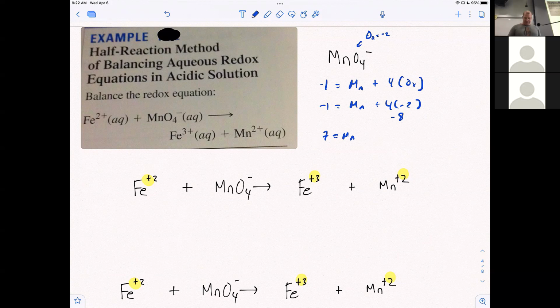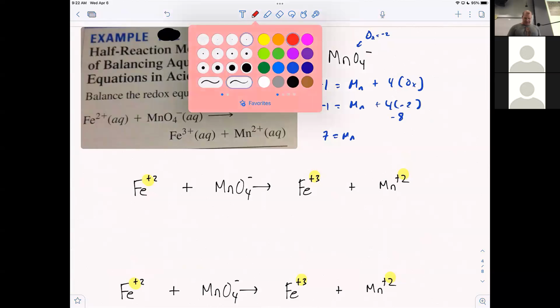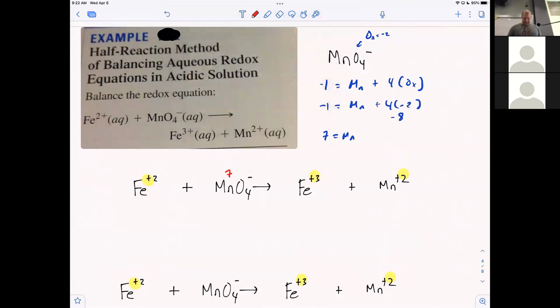So let me write the oxidation state. That one's 7. And then when we do the half reactions, we're just balancing electrons in the half reactions. Let's do iron. Iron's pretty easy. Iron plus 2 goes to iron plus 3 plus an electron.